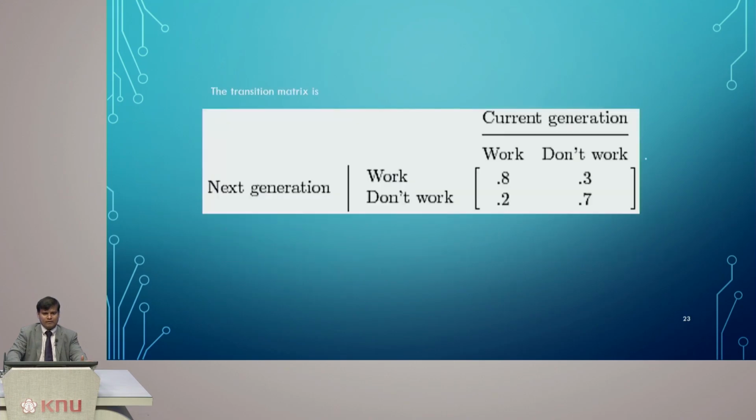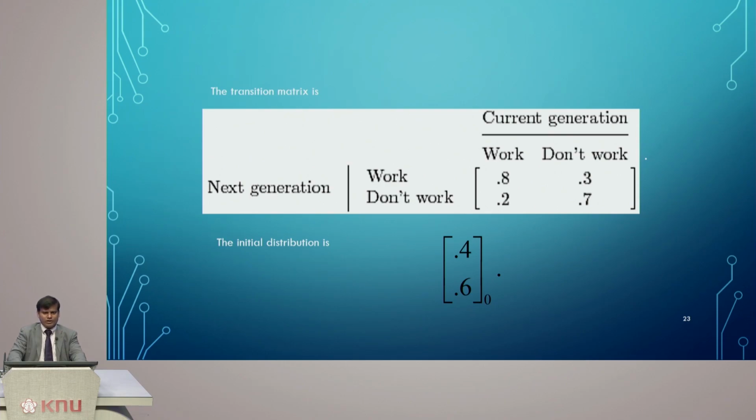Among the whole population we know that 40% of women worked, so that is 0.4, and 60% did not work, so that is 0.6. That is your initial condition. We are just referring to it as x0, a column matrix.